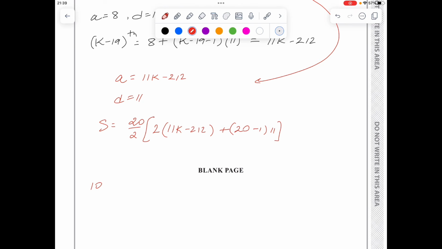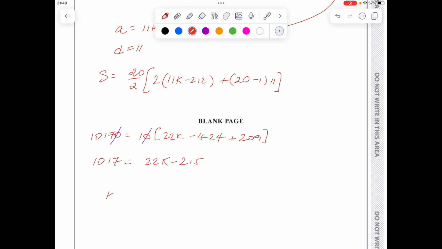So 10,170 equals 10 times (22K minus 424 plus 209). Again, cross out the 10 and divide 10,170 by 10. This gives me 1,017 equals 22K minus 215. And if you solve this, you'll get K is equal to 56, same as before.